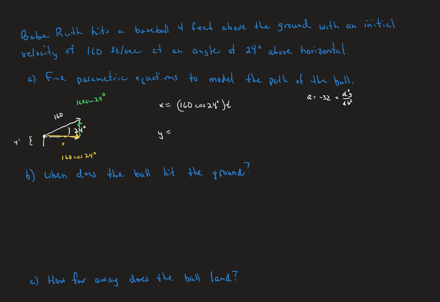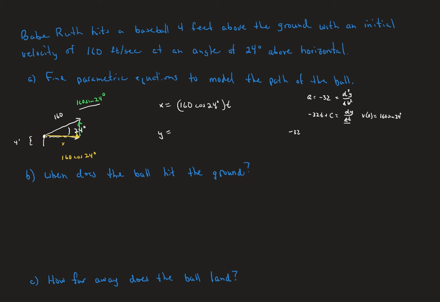And if we integrate that, we'll get -32t plus c, some constant, as dy/dt. And if we look at the initial condition, the velocity in the y direction at time 0, our velocity at time 0 is going to be our 160 sine of 24 degrees.